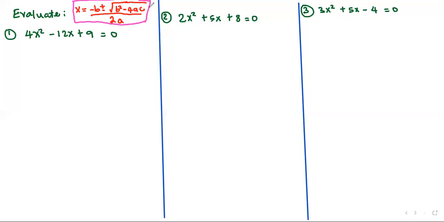If you cannot solve the equation using factorization, no problem, you can apply this formula. So it's good to know this formula. Whenever you meet any quadratic equation, you just apply it. You will be able to get the answers. Okay, so in number 1, a is 4, b is negative 12, c is 9.